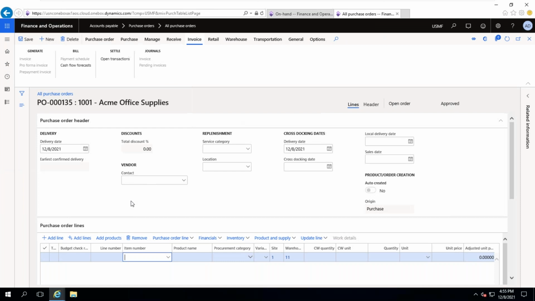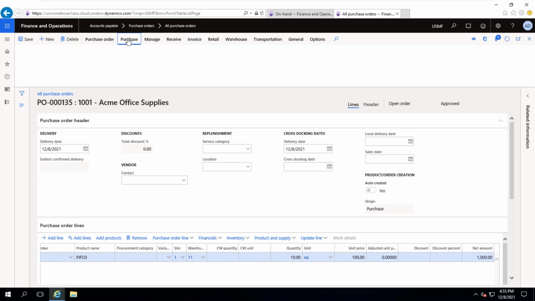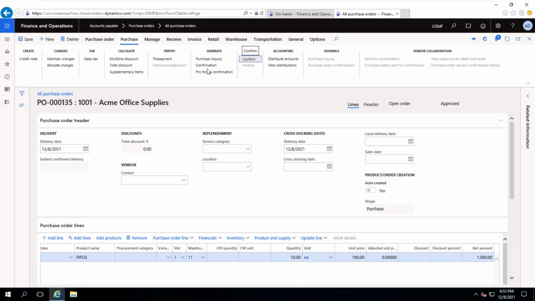Now let me create a FIFO 3 line and let me select 10 quantity at the rate of 100. I'm purchasing and I'm doing confirmation. You can use the small button or the big one.